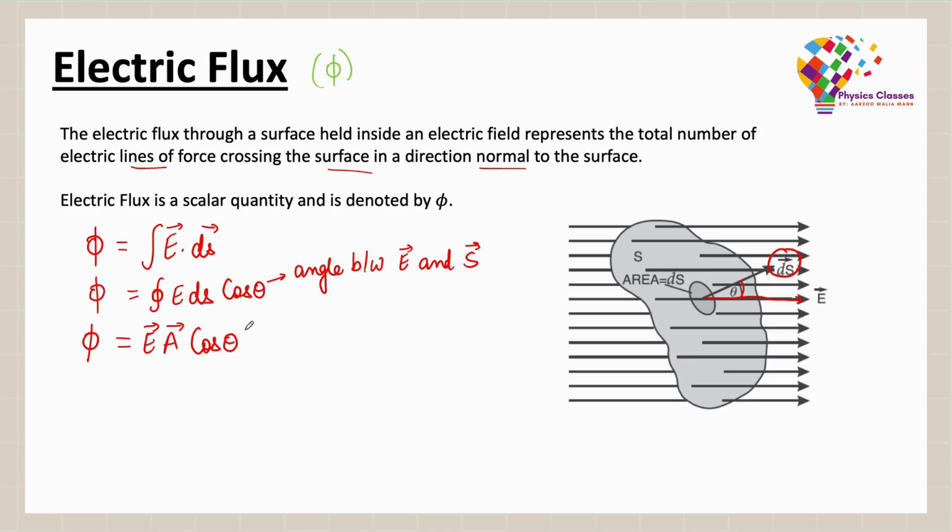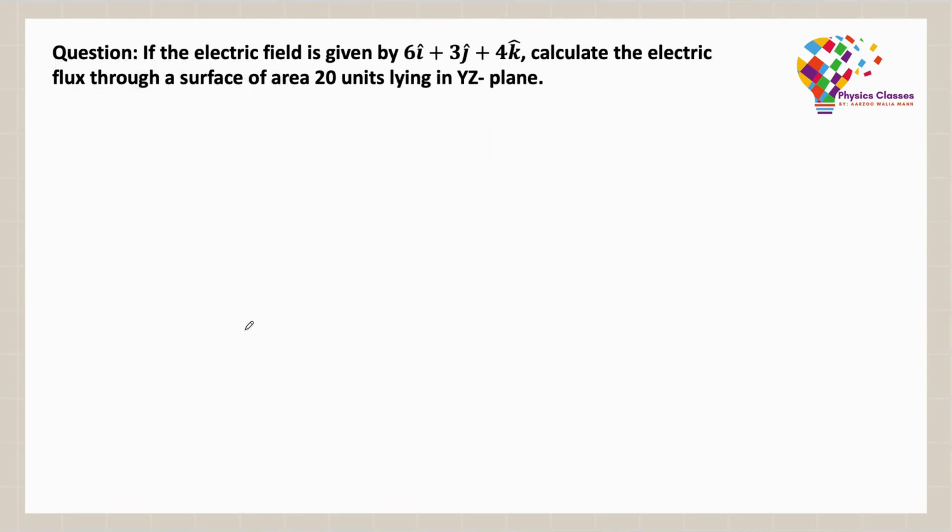Fine. This is about electric flux. We should be able to calculate the electric flux through any surface. In one way, it is simply measuring the amount of electric field that is coming through a particular part of the surface.